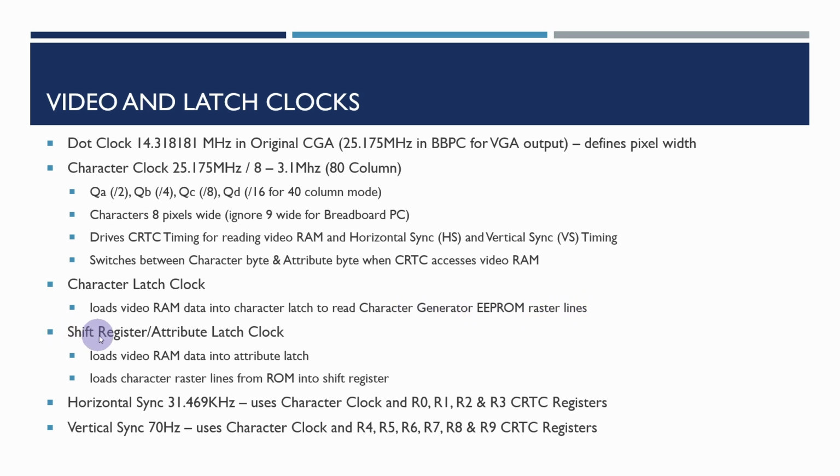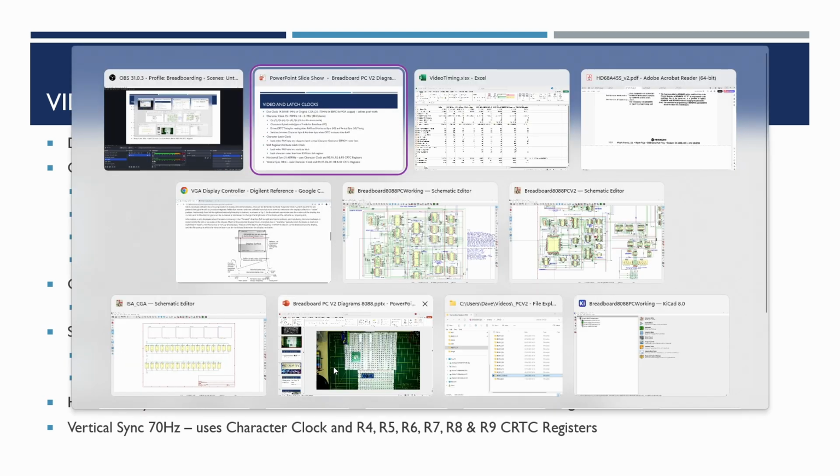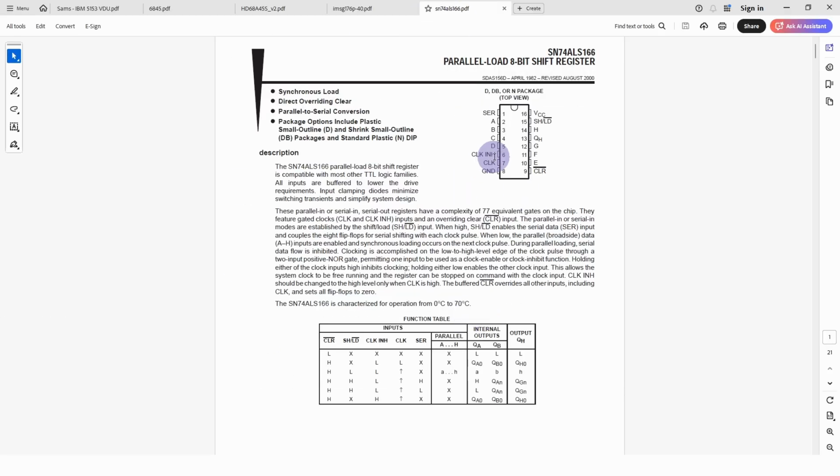And then the shift register attribute latch clock loads the video RAM data into the attribute latch, so we've got the color information available. And it also, at the same time, will load the character raster output from the ROM here into the shift register. So if you just have a look at the shift register, this is the shift register we use, and basically what happens is once we load the values into A, B, C, D, E, F, G, we use the shift load for that.